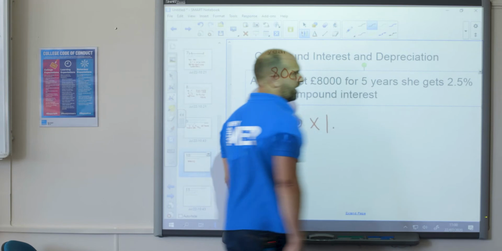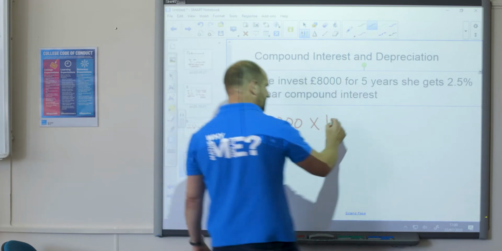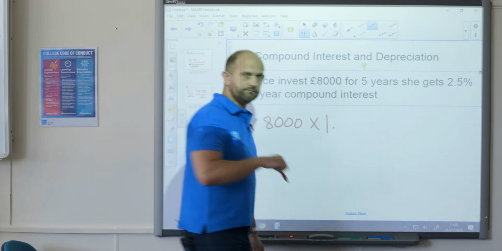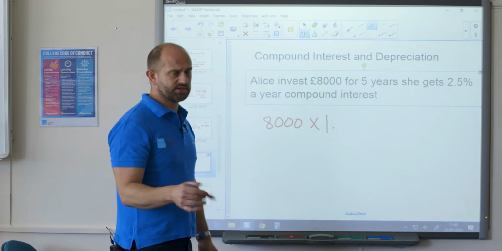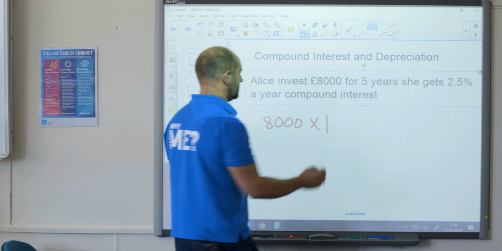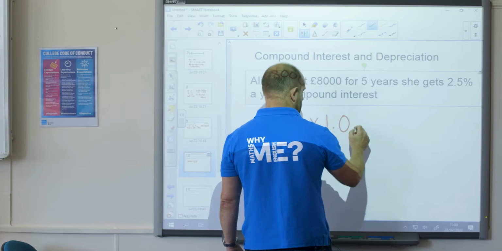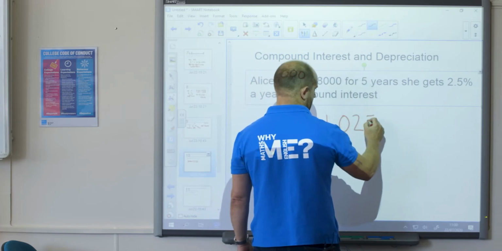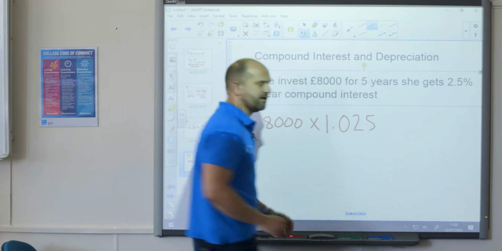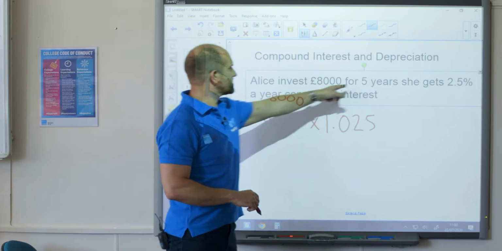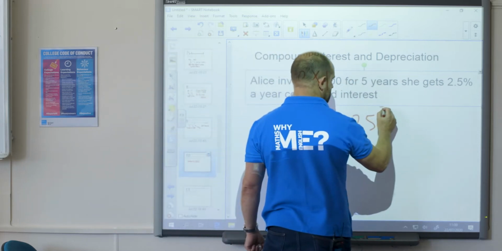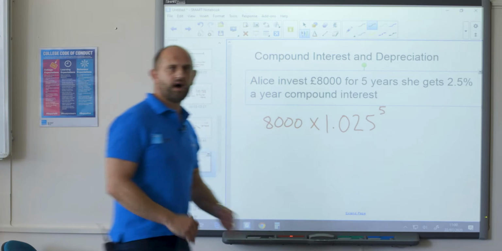So 2.5% interest, okay? That's not going to be 2.5 because that would be 250% interest, and you're never going to get that from a bank, okay? So we've got a 0.025. So that is 2.5% interest, and it's going to go in there for 5 years. So that's going to be to the power 5, okay?